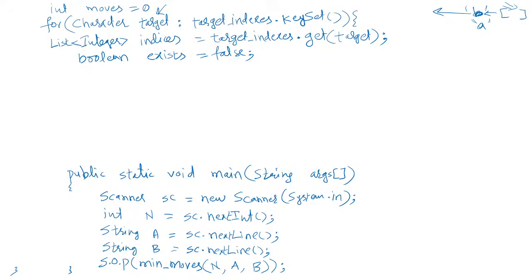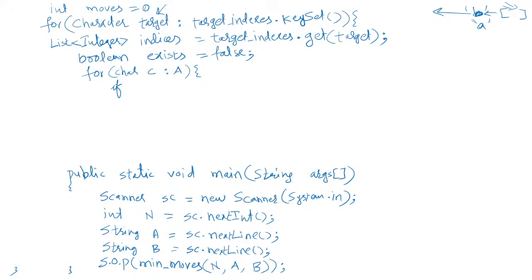Now we'll check whether this character is existing in A or not. For that, we run a for loop here. Simple: you get all the characters from A and check whether each is equal to our target character or not. You can write for c in a, that means for each character of a.